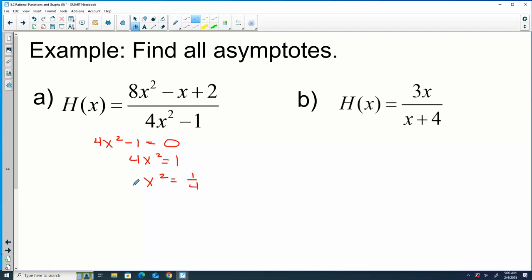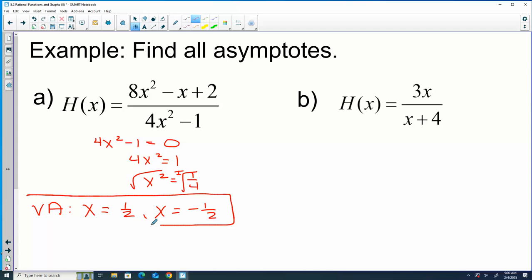How do you get rid of an even power? With it, we would do plus and minus. So my vertical asymptotes, there are 2 of them. x equals the square root of 1/4, which is 1/2, and negative 1/2. So vertical asymptotes are x equals anything that makes the bottom 0, and we have to write them as x equals because that's where our dashed line would go.